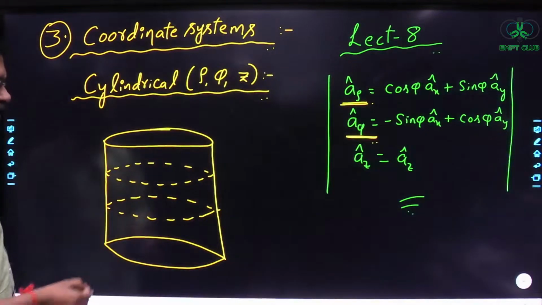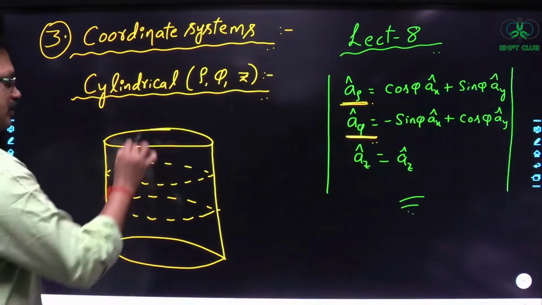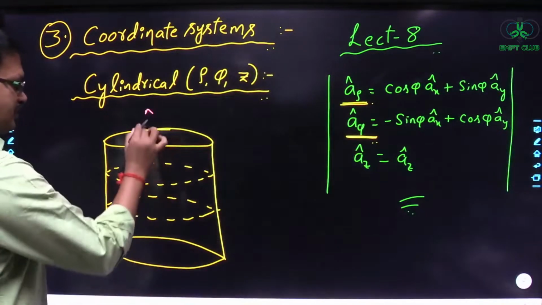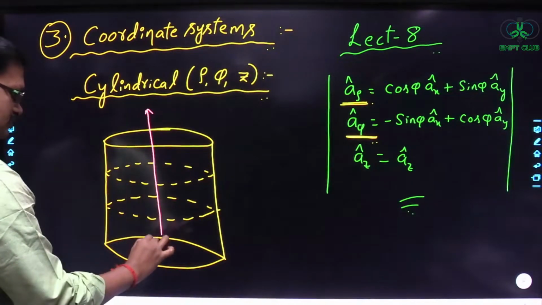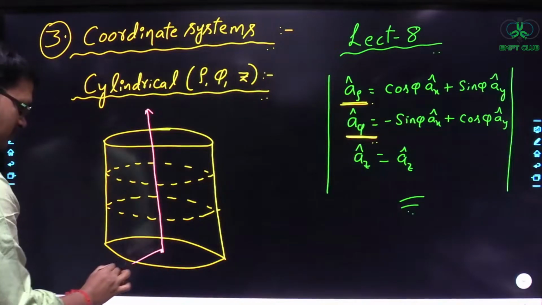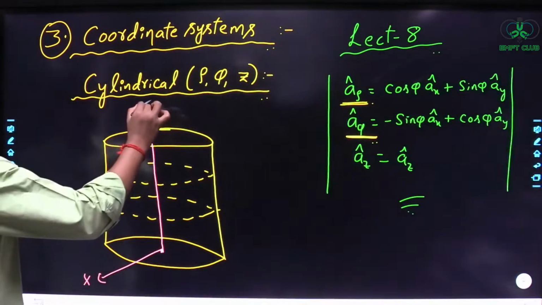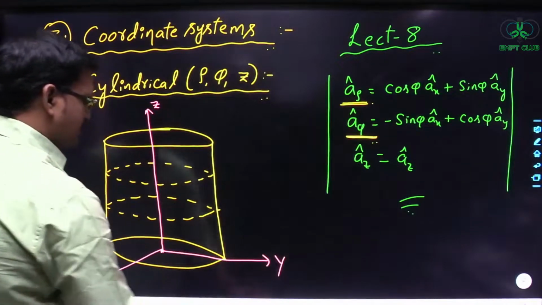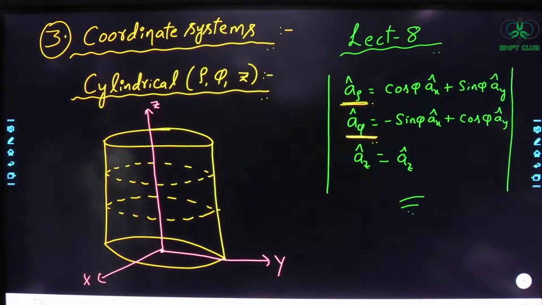So let us say this is the cylinder, and this is the axis of the cylinder, that is the z axis, and this we have considered as the x axis, and this as the y axis.